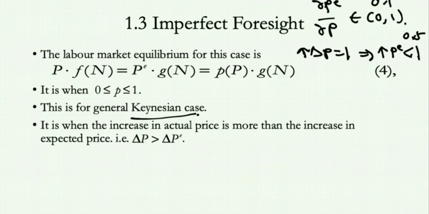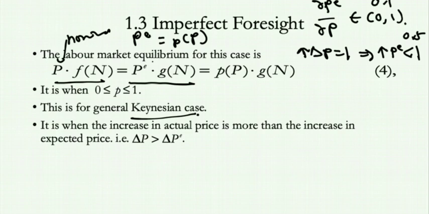Okay, so let's say we have labor market equilibrium for this case in equation 4. This is nominal labor demand, labor supply. Because you recall that PE is actually this, so we substitute this by this. Is it clear? In this case, you can see, because if this one is 0.5, this one is 1, therefore you can have the change in actual price more than the change in expected price.